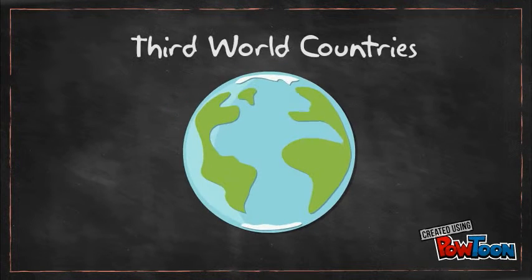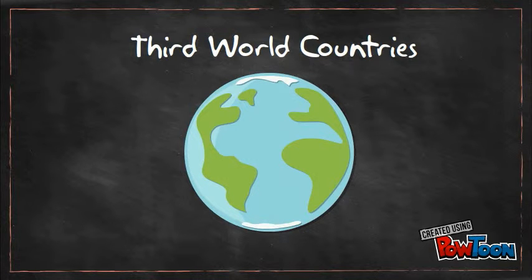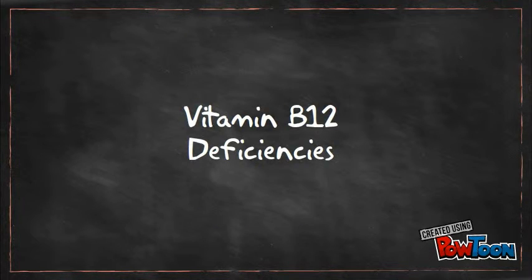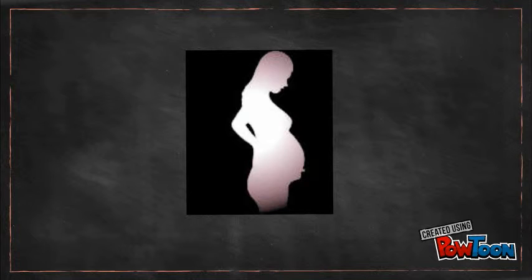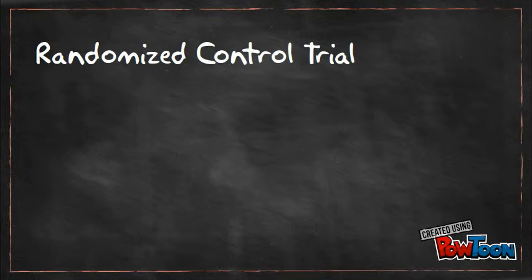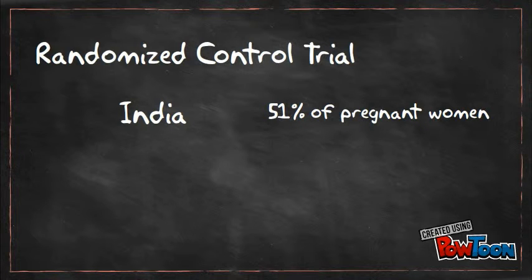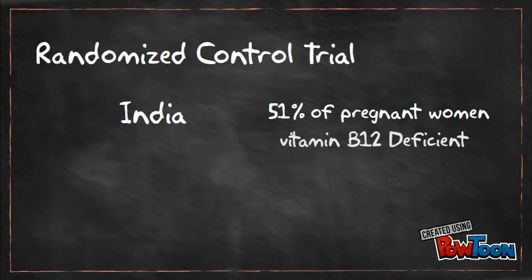Well, in developing and third world countries, micronutrient deficiencies, including vitamin B12 deficiencies, are very common, especially in women and their children. In fact, a randomized control trial in India found that 51% of pregnant women enrolled were vitamin B12 deficient, making them at risk for anemia.